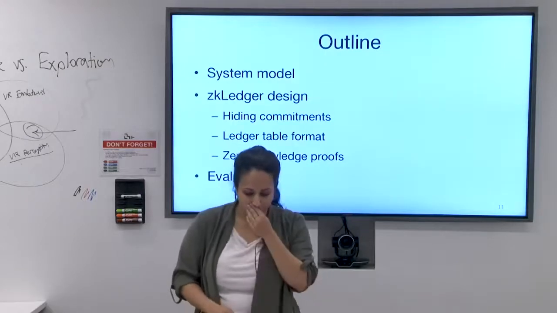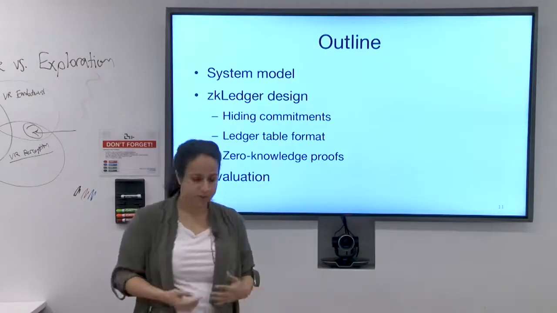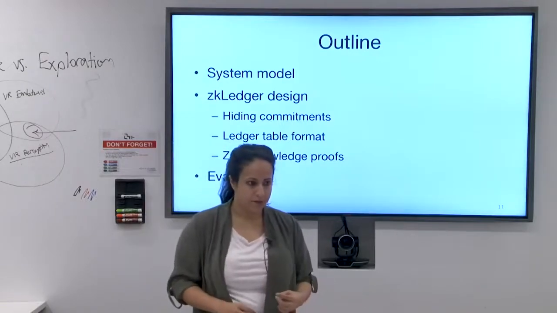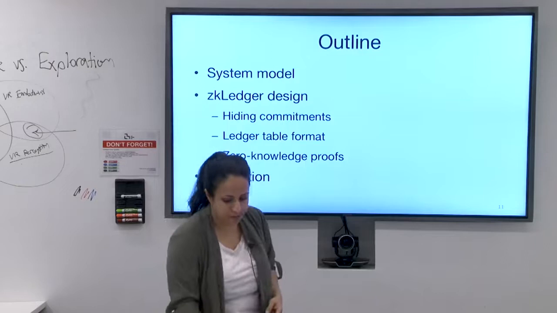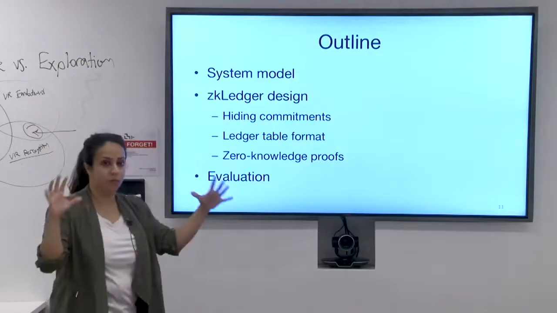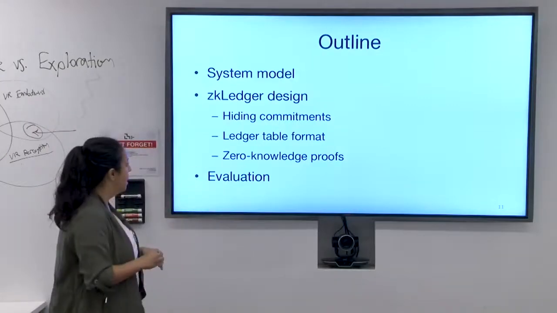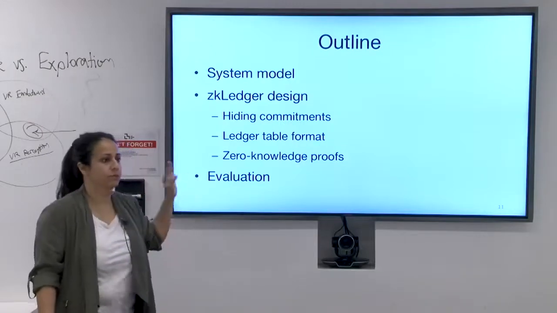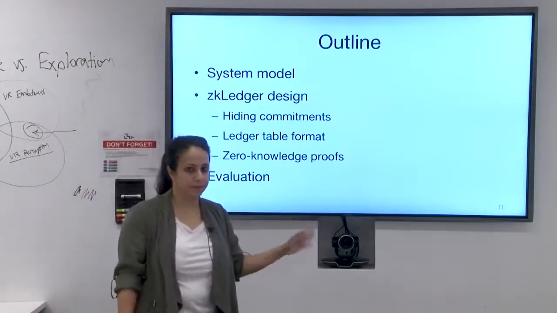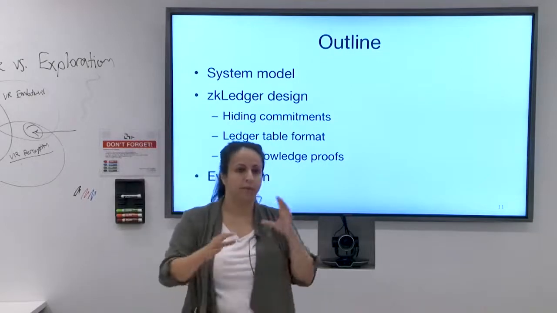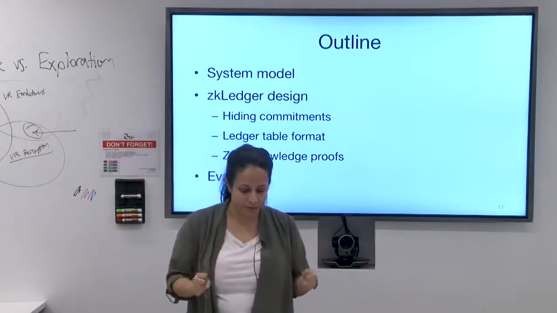Okay, so I'm going to describe to you how ZkLedger works. I'm going to give you a brief overview of the system model, and then I'm going to go into some of the more interesting pieces inside ZkLedger: the commitments that we use to hide things, the way the ledger is constructed, and the primitives that we use, which are zero-knowledge proofs, not SNARKs, which I talked about earlier, a different type of zero-knowledge proof, but I'll give you a little bit of a flavor of what those look like.